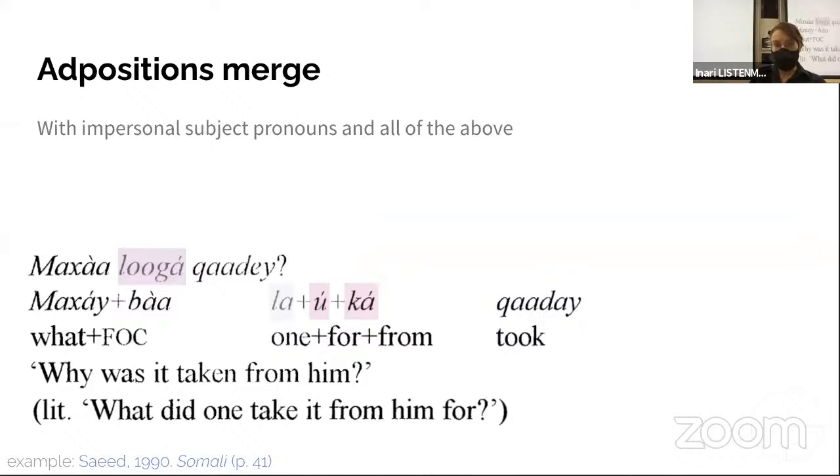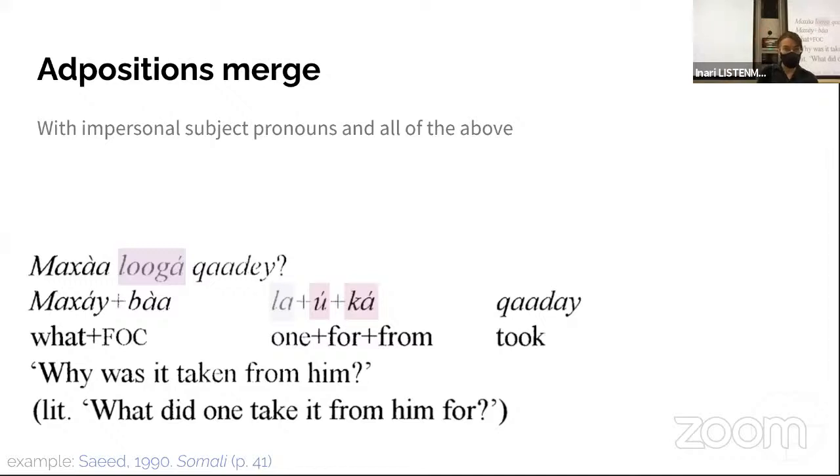So the adpositions merge with also the impersonal subject pronoun and all of the above. Morphologically there is nothing new, but syntactically, this pronoun la is a subject, not an object like the other pronouns so far. Conveniently, this "from him" is a third person, so the third person object pronoun is just a 0.